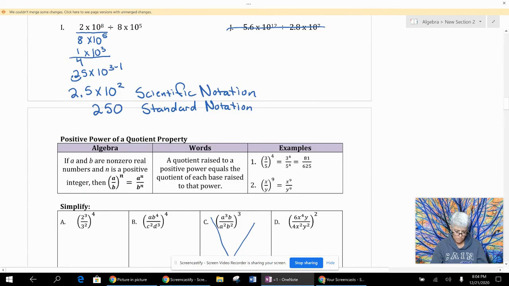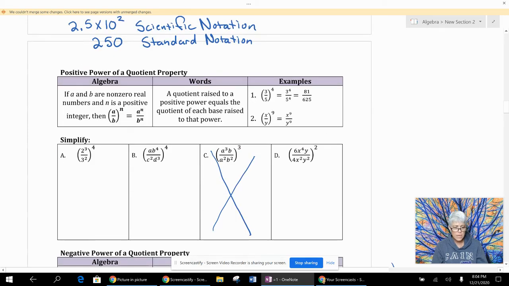Let's move on. Now we have fractional forms with an exponent, which what you would do in those situations is you would distribute the exponent not only to the numerator, but also to the denominator. And so you can see how that looks in the rule and in the exponent. But practice is what makes it stick.